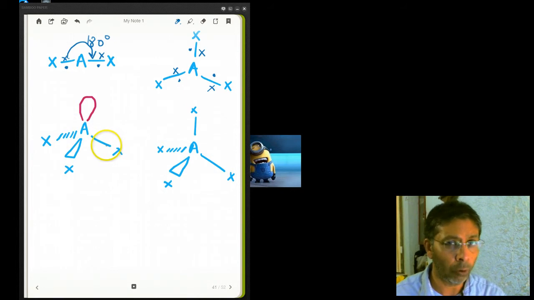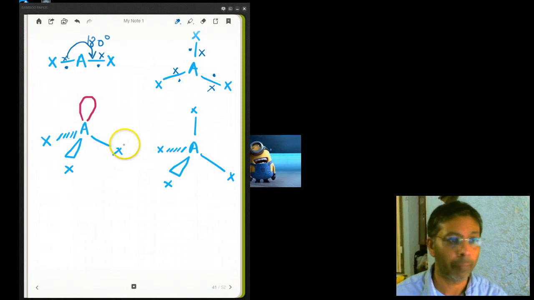If you've got 4 electron regions, 1, 2, 3, and you've got a lone pair, that's 4 electron regions. Now, you might think that's tetrahedral, but you look at the atoms to decide the shape, and you've got 1, 2, 3 atoms connected to the middle. 3 atoms is going to be trigonal pyramid. It's going to be a pyramid shape.